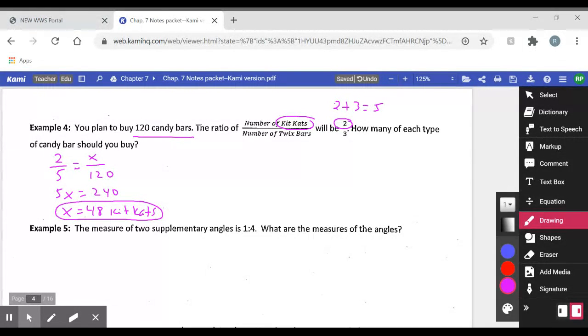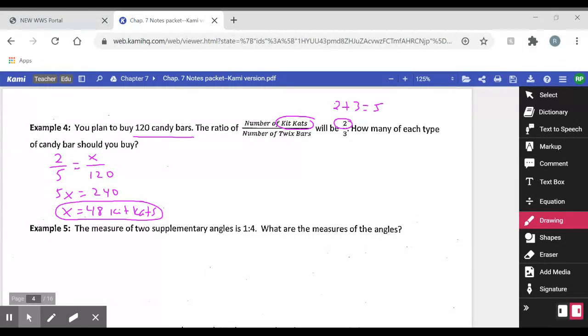Okay. If I want to figure out how many Twix bars there are, a couple of different ways I could do it. I could either think, okay, well, there's a total of 120 candy bars, and I know 48 of them are Kit Kats, then I can subtract 120 minus 48 to get the number of Twix bars. That would be an option. Or I could set up another proportion.